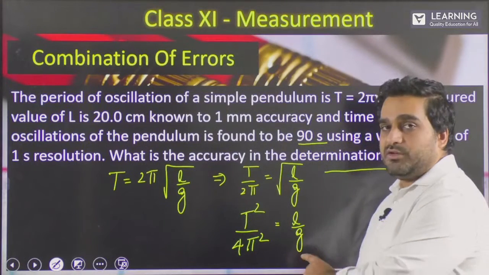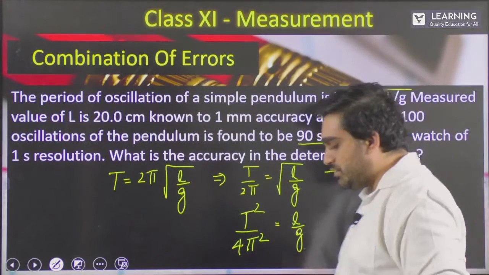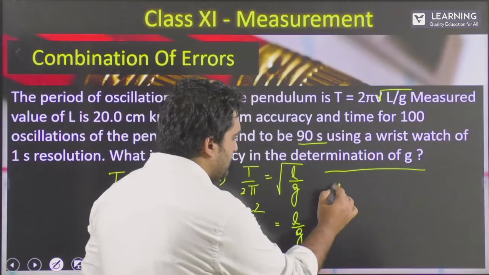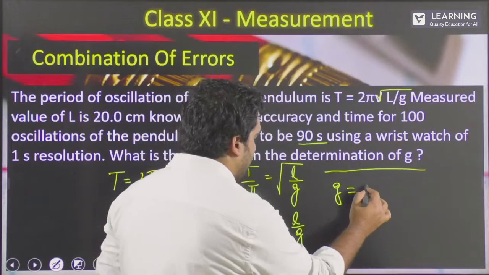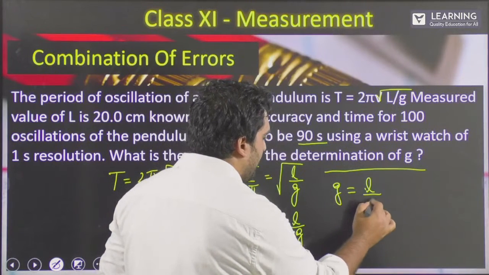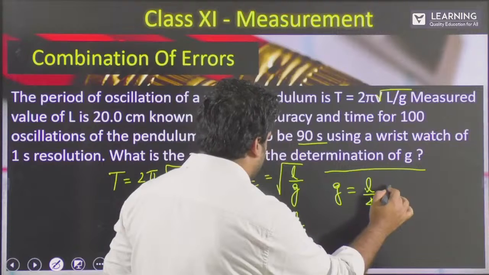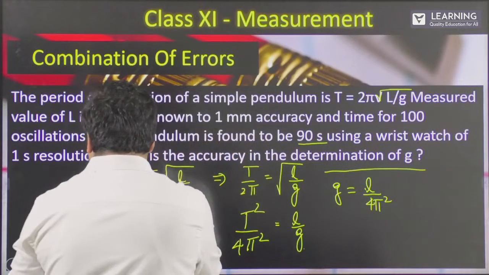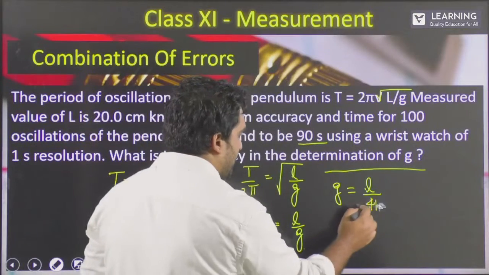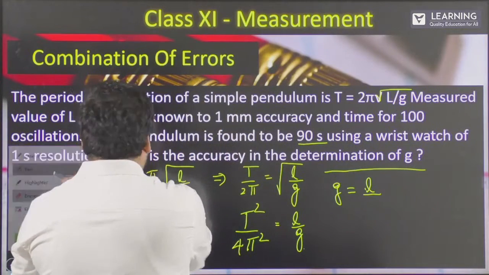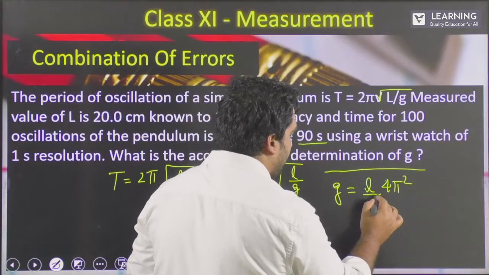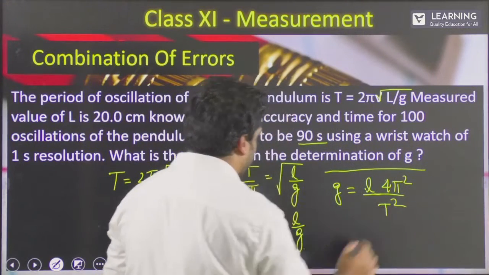What do I equate it to? I equate it to G. And you write G equals, no, L times 4 pi square divided by T square.